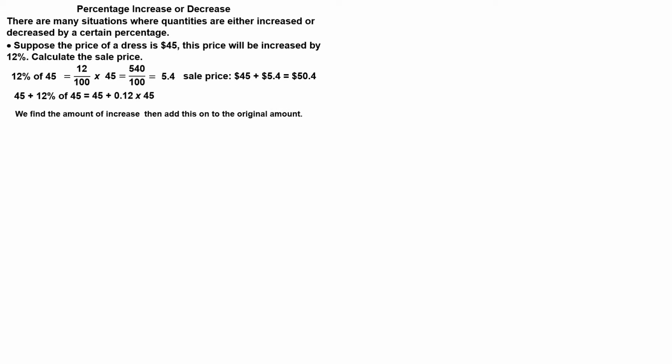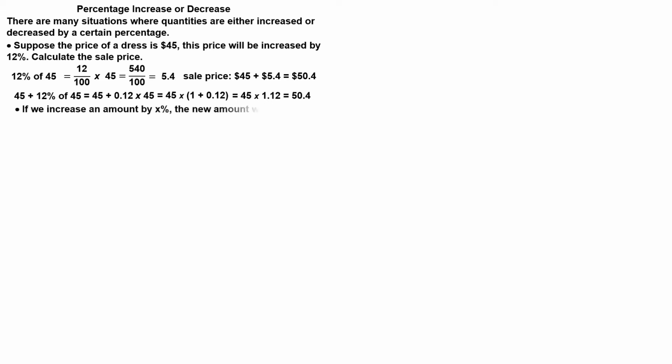We can put 45 in front of the brackets, and we get the same result. This method always works, and we can write: if we increase an amount by X%, the new amount will be new value is original value times 1 plus X%.